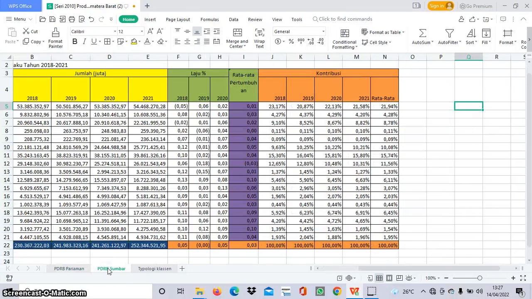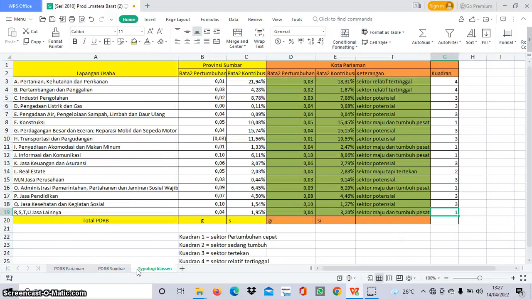The next step is to determine. We do the same step with the PDRB of Pariaman, and the next step is to determine the quadrant by using a classification typology table like this.